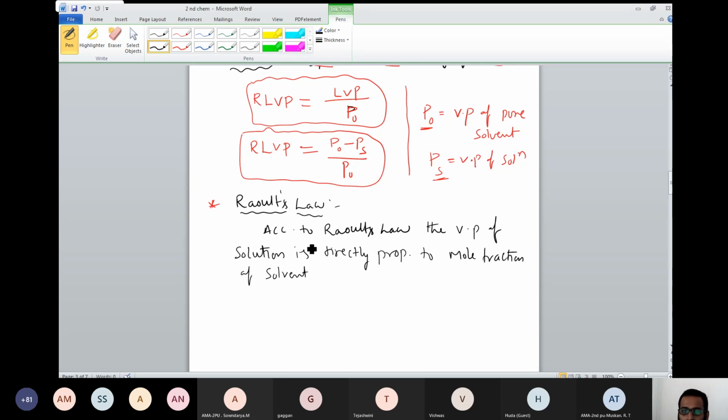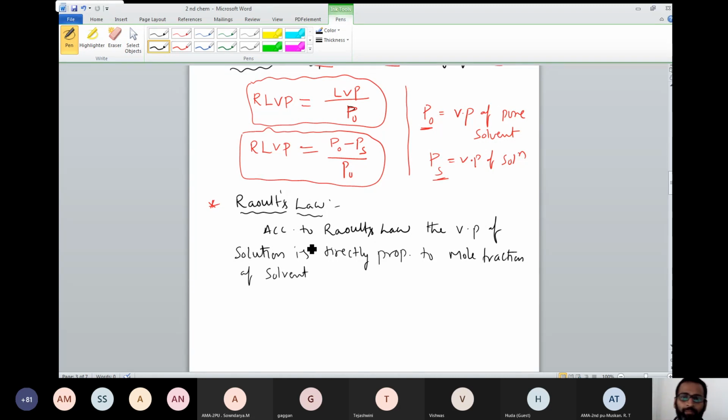Please read once. According to Raoult's law, the vapor pressure of a solution is directly proportional to the mole fraction of solvent. Very clear. You have a reason also. It's very common sense, actually. Frankly speaking, I was confused, but no need to be confused. I told you if solute is more, then macro particles will be there, then evaporation is difficult and certainly vapor pressure will decrease.